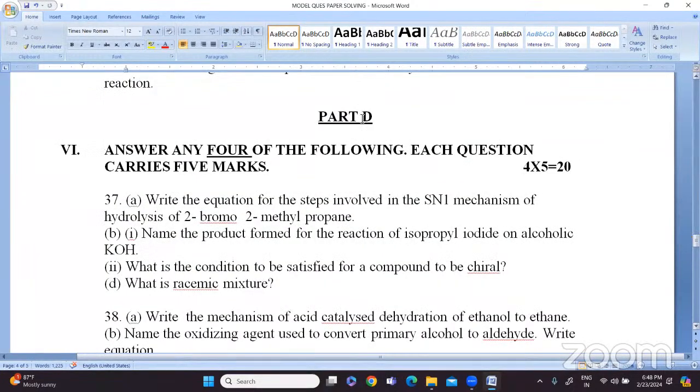Out of 7, you have to write any 4. Each question will carry 5 marks.